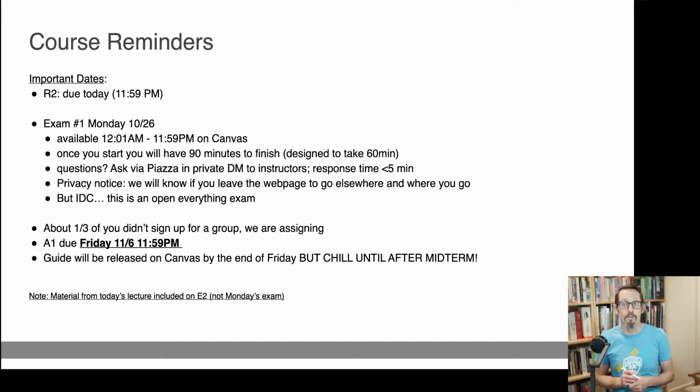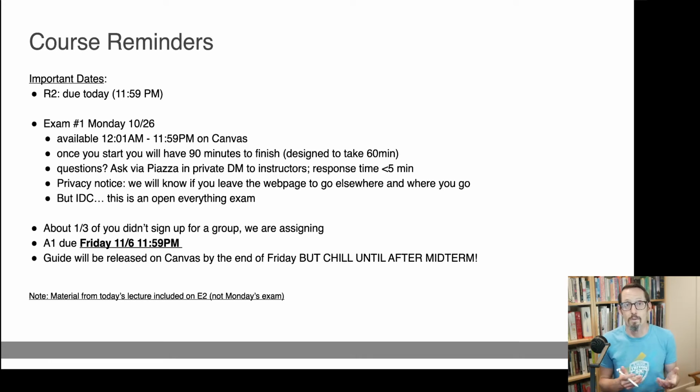So, privacy notice: we are going to know if you leave this web page to go elsewhere. Okay? If you stop and go, the thing that I'm going to get most upset about is if I see that you stop and send some emails, then I might be thinking that you're sharing information with other people, right? But know that in the end, if you are doing something like opening a browser so that you can look at the de novo paper, I'm okay with that, okay?